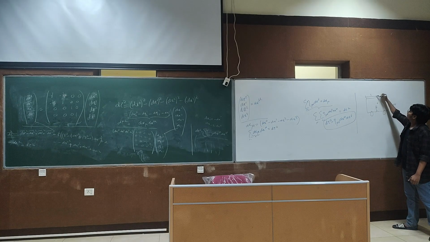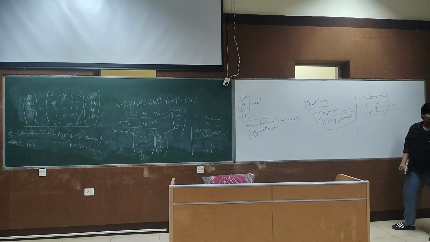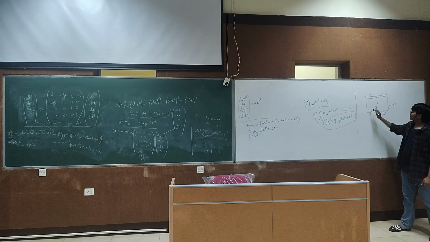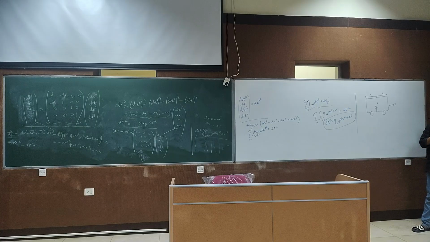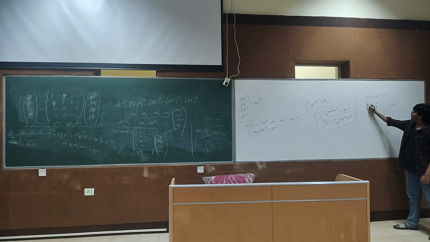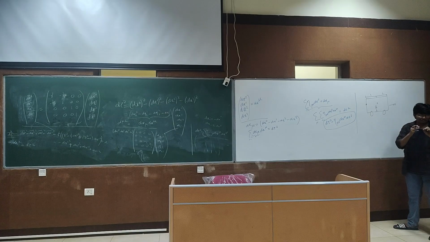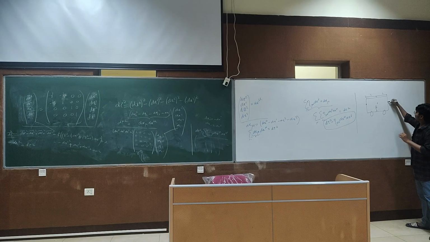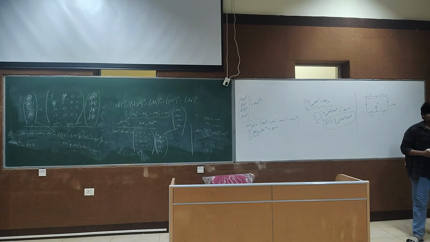So this is L, this is L. And you are someone who can see everywhere simultaneously. That is the meaning of an observer in relativity. So there is an alarm at each end, like when this detects a light pulse, it rings. Same thing is here. And you are inside the train.